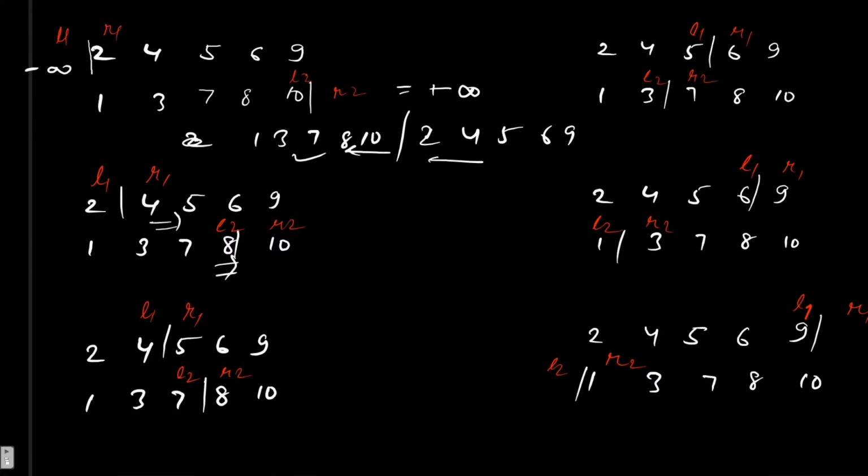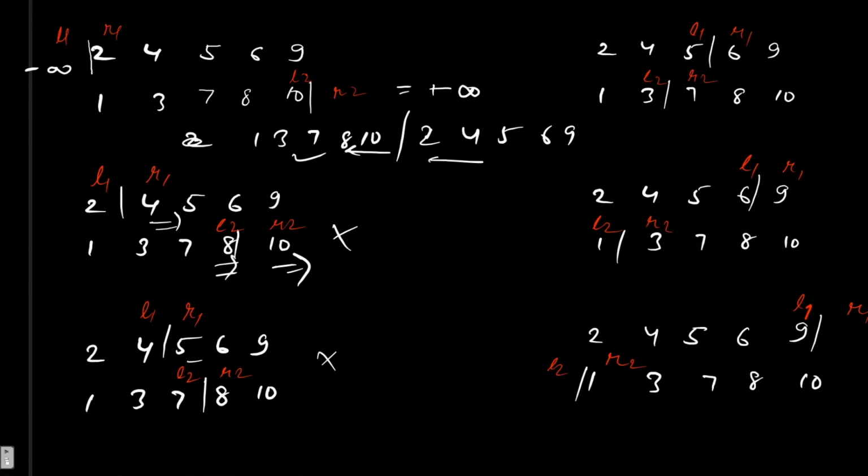So we can see that 4 is lesser than 8, it is not the valid one. If we are partitioning, in that case all the elements on the left side should be lesser than all the elements on the right side. So this is not the valid one again. So let's move forward. In this case again we can see that 7 is greater than 5, so again this is not the valid one.